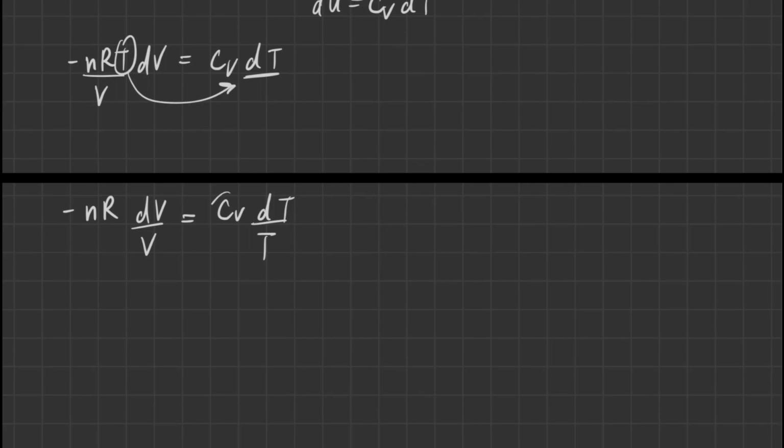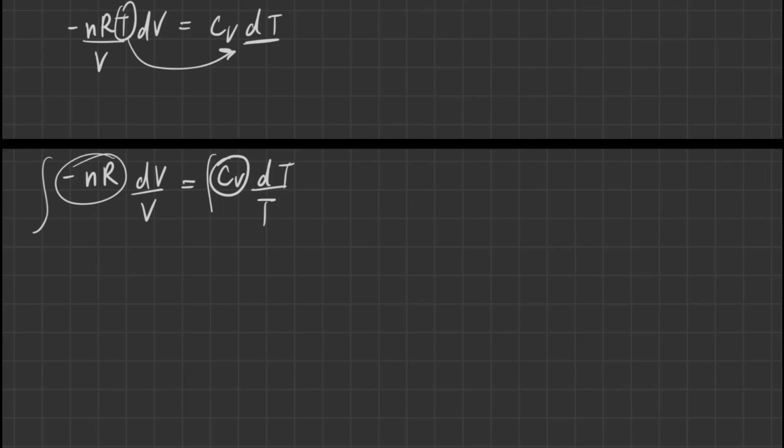So we can assume that the heat capacity at constant volume is constant over the change in temperature here. And we also know that nR is constant, so when we integrate this expression, we can take it out of the integral.